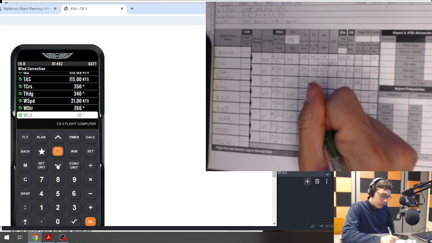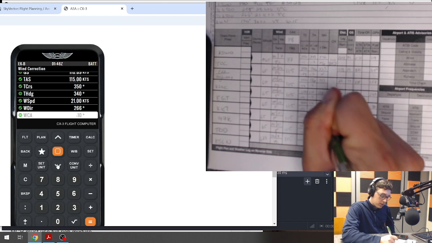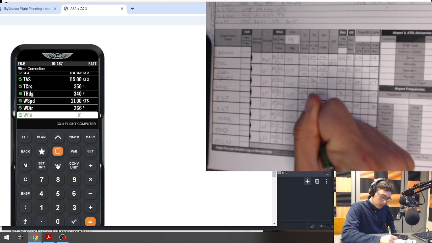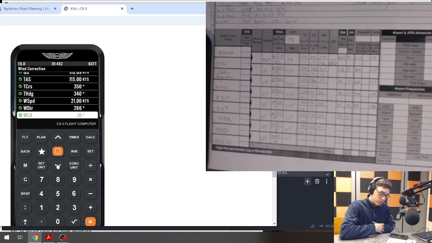That would be a 337 magnetic heading. All right, so I take true course, left wind correction angle -10 to get a true heading of 340, -3 degrees easterly variation, which gives a magnetic heading of 337. Same thing from an X point en route as well.